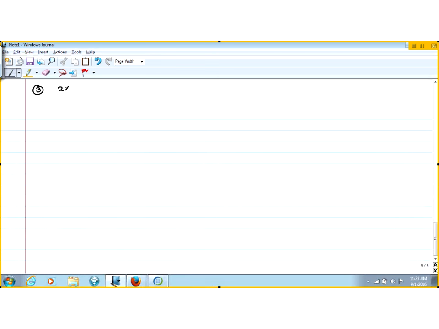Now, I'd like you to work on this. Number 3. 2x over 3 plus 3y over 4 is 11 over 12. Okay? And then, number 4, 10a plus 6b equals 8.